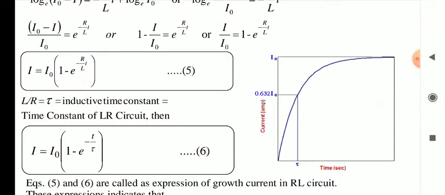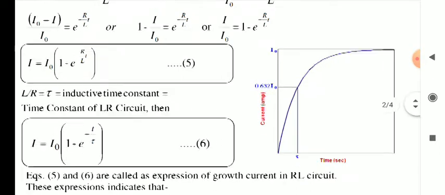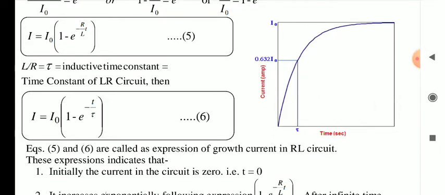With this defining of the time constant, L by R is equal to tau. So equation number 5 reduces to i is equal to I naught into bracket 1 minus e raised to t by tau. Take that as equation number 6, where equations 5 and 6 are called the expression for the growth of current in an RL circuit.